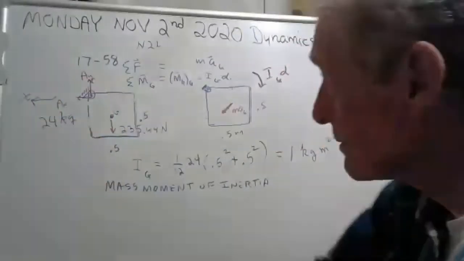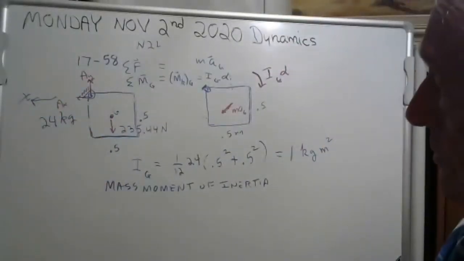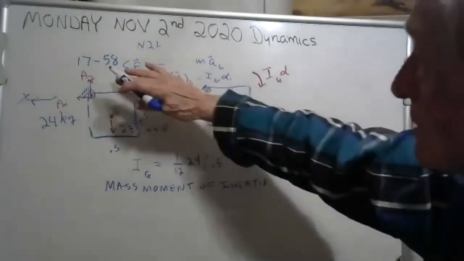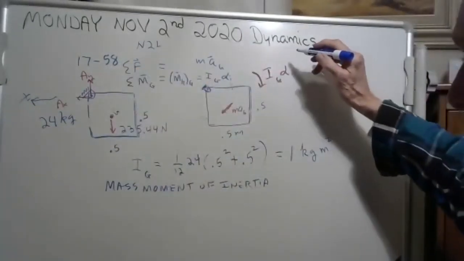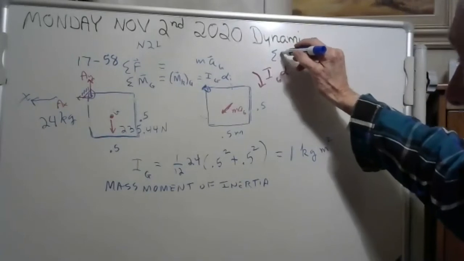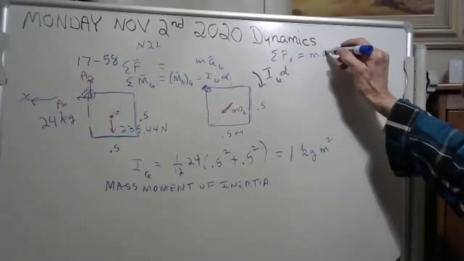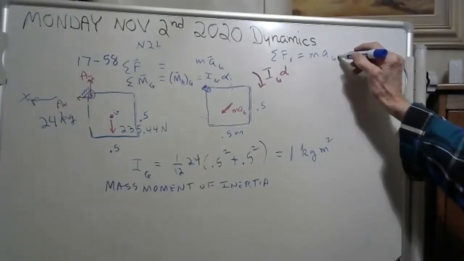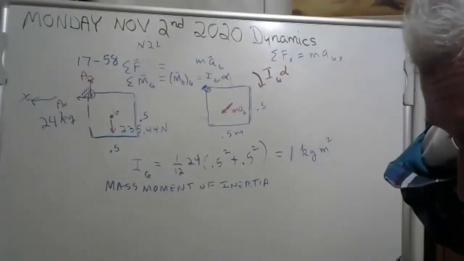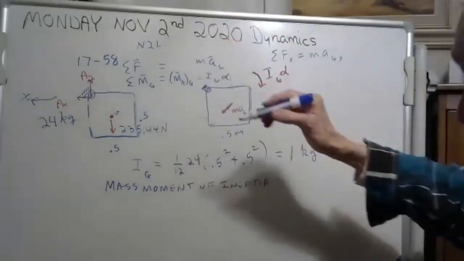We can pick it that way. And so that's the only force we have in the x direction. So the sum of the forces in the x direction: what I'm doing right now is writing Newton's second law in that x direction going to the left.